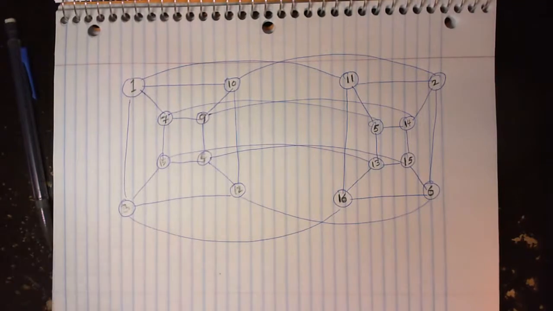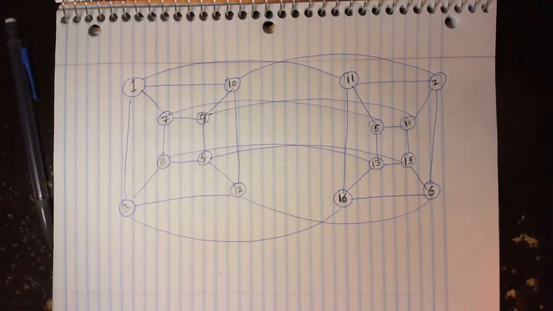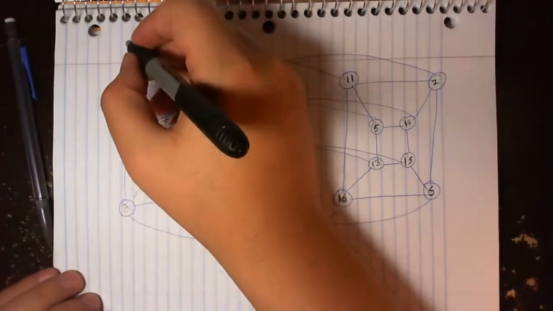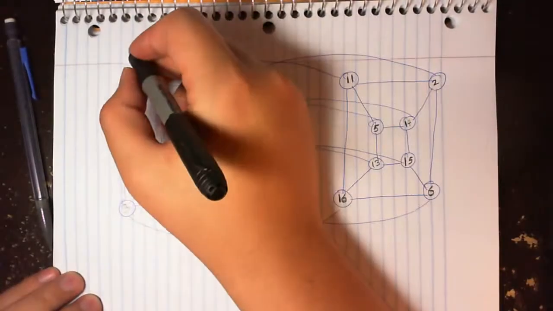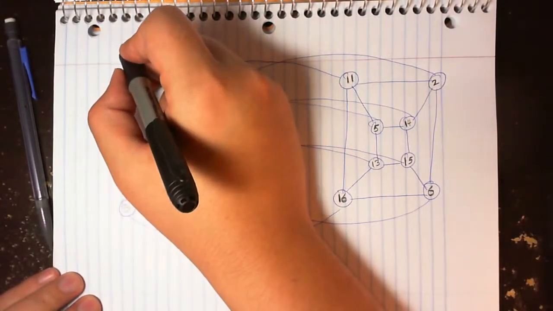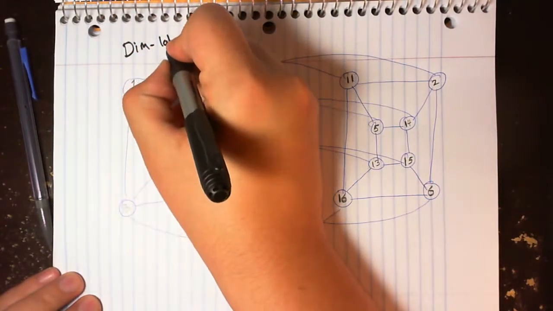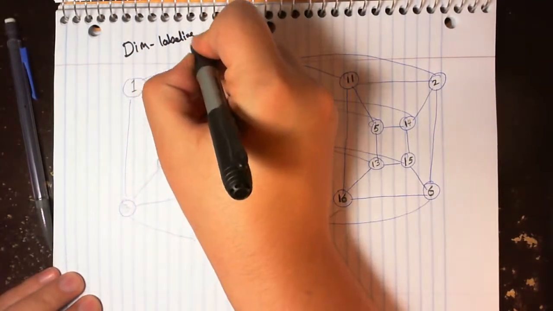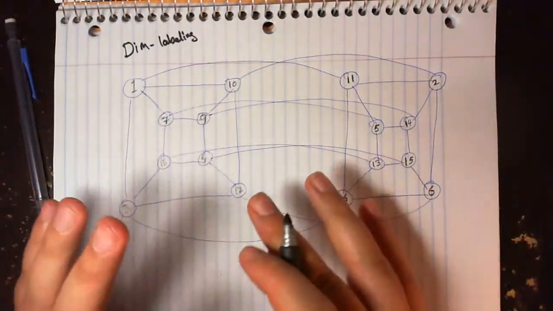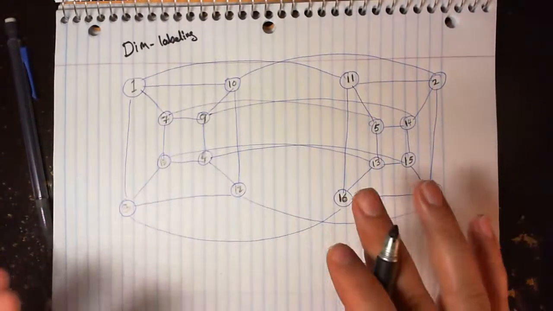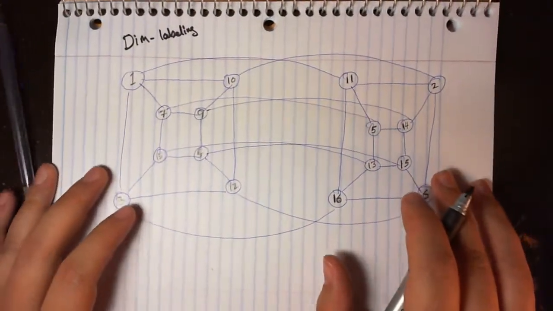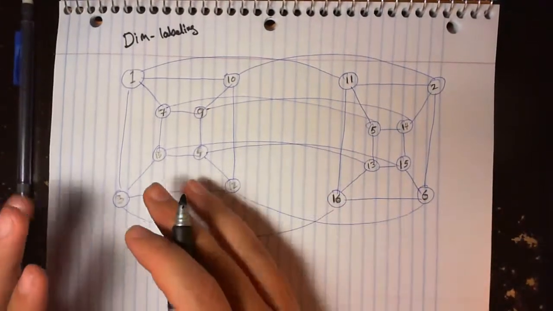Alright, so here's the 4-dimensional hypercube, and we're going to start the algorithm. So, again, just a reminder, this is based on dimensional labeling. And remember when we said that the binary node labels that you normally associate with a hypercube don't matter? They don't. We just really care about the IDs.